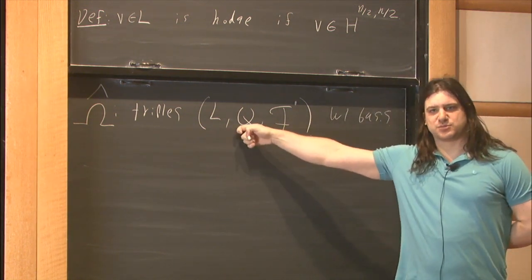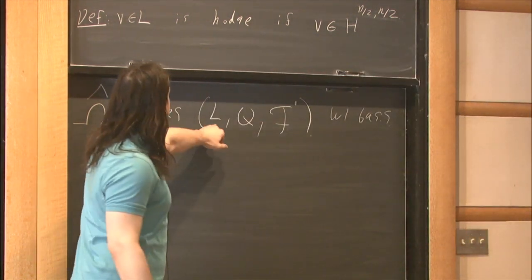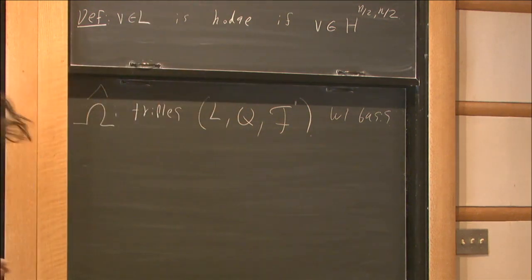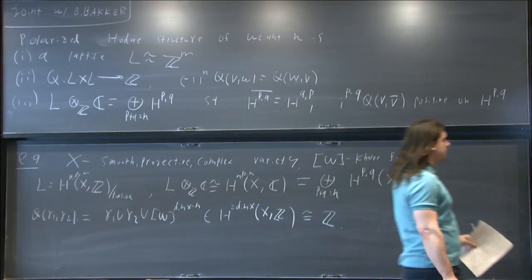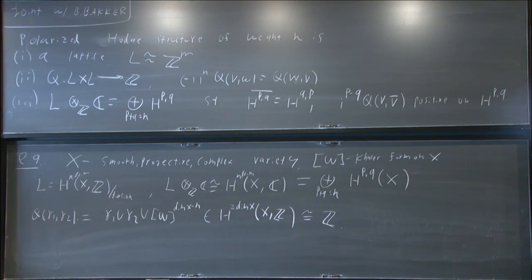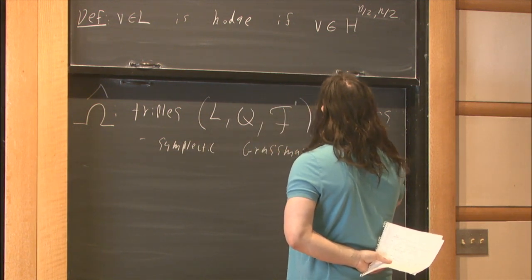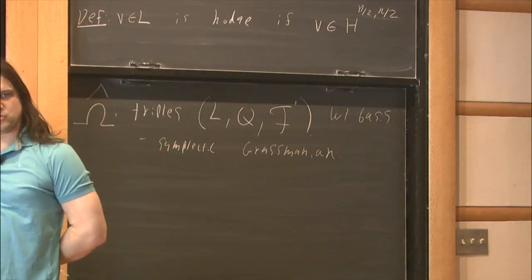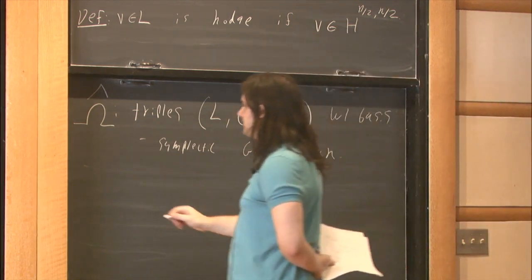So I want to record an actual isomorphism from L to Z to the M. And what I mean is I'm going to record L, record the pairing, and I'm going to record the filtration, and not really pay attention to this positivity condition over here. So this is some sort of symplectic Grassmannian. It's basically just a Grassmannian, but we also have to insist on some properties with Q that the filtration satisfies. So it's a nice projective manifold.